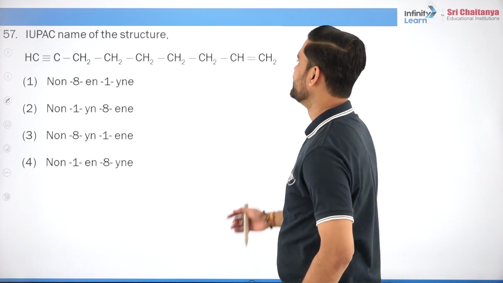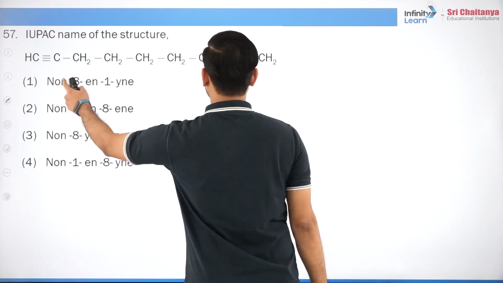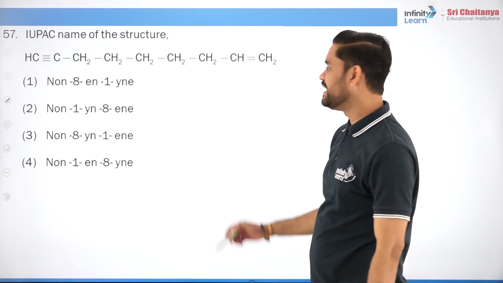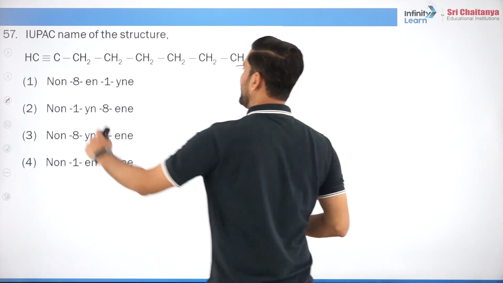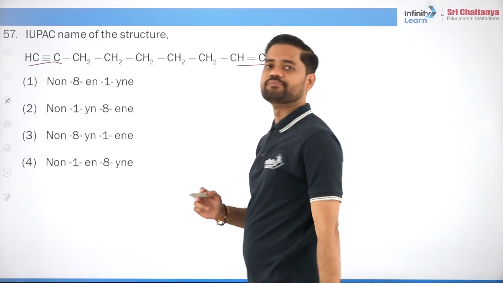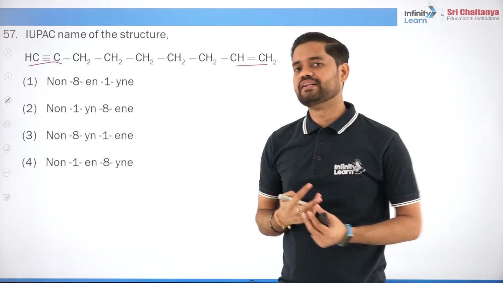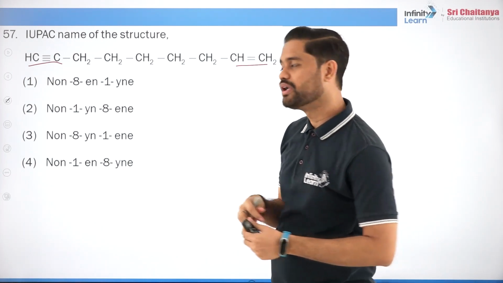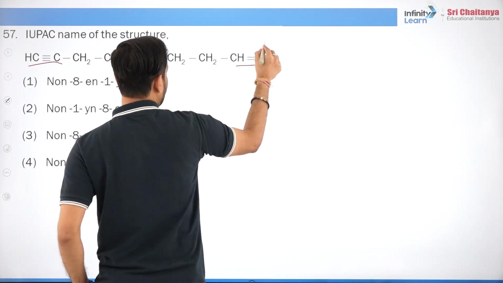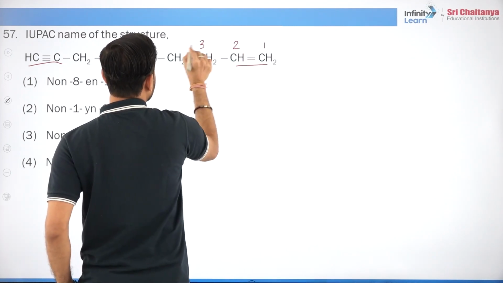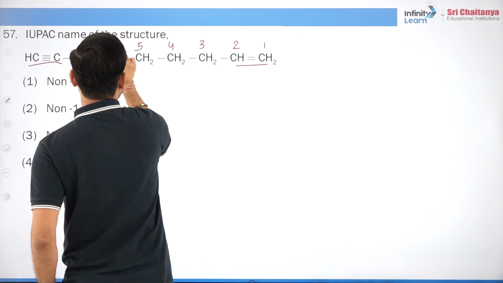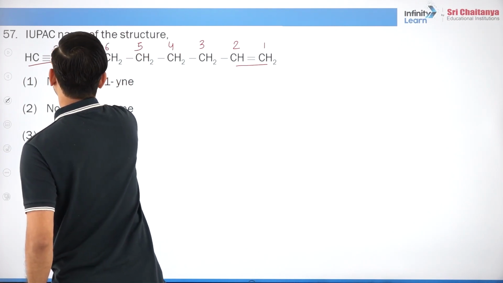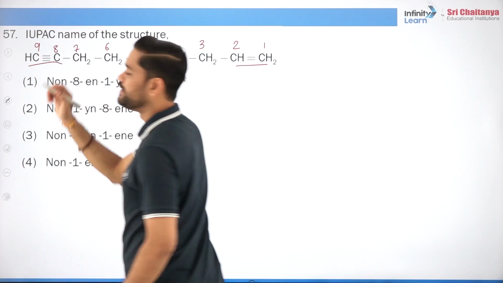Talking about IUPAC, the IUPAC name of this following structure. The first thing that I can recognize is that the double bond and the triple bond are at the same position, and hence we give priority to the double bond. So we'll be doing numbering from this side: 1, 2, 3, 4, 5, 6, 7, 8 and 9.